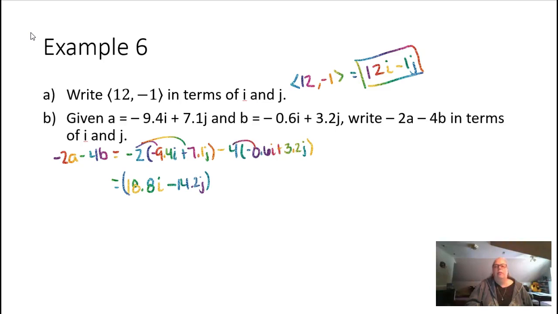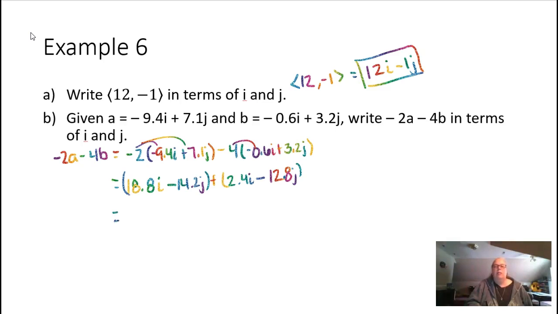All right, over here, negative 4 times negative 0.6, that's going to give me positive 2.4i. And negative 4 times positive 3.2, this is going to give me negative 12.8j.